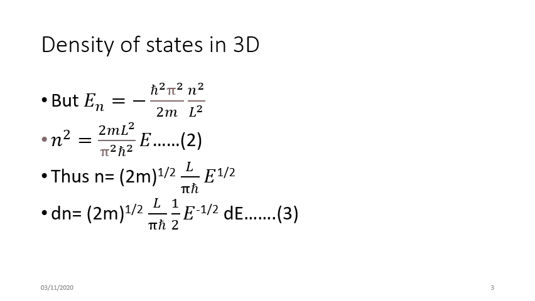We will start with the energy eigenvalues that we have studied in the three-dimensional case. Here n square is equal to nx square plus ny square plus nz square, where a is equal to b is equal to c.